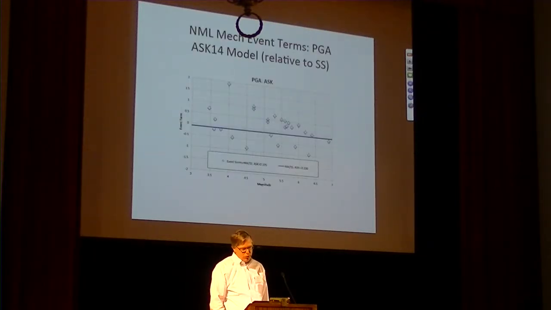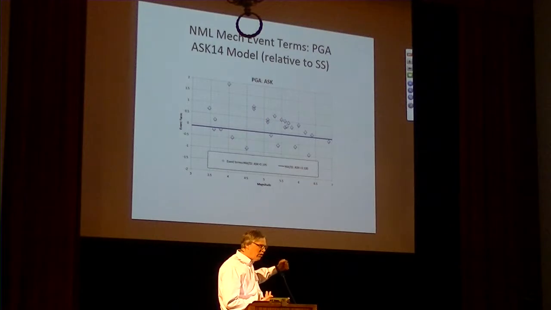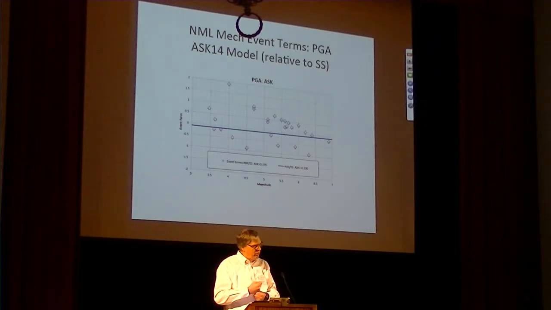The event terms relative to strike slip, and what that means is I took the event term, but then I also put in the difference between normal and strike slip, so that we're looking at what would have been the event term for the normal events if I calculated the residuals with respect to the strike slip model. Okay? And then the line going across there is what is built into that GMPE for the normal faulting factor.